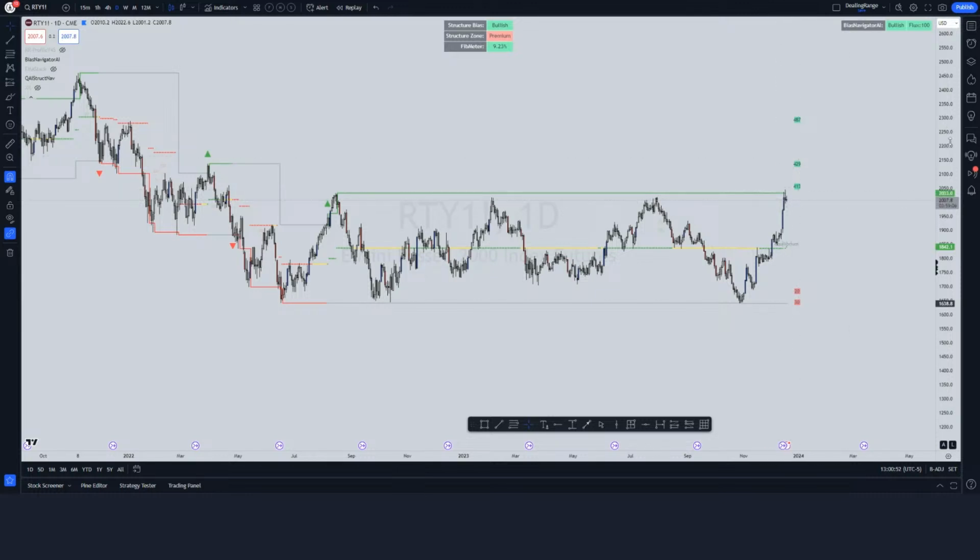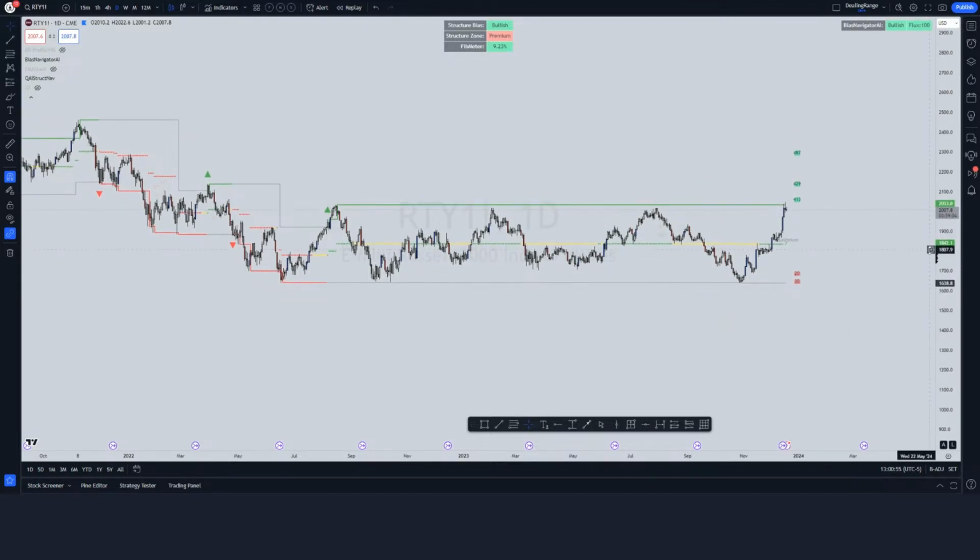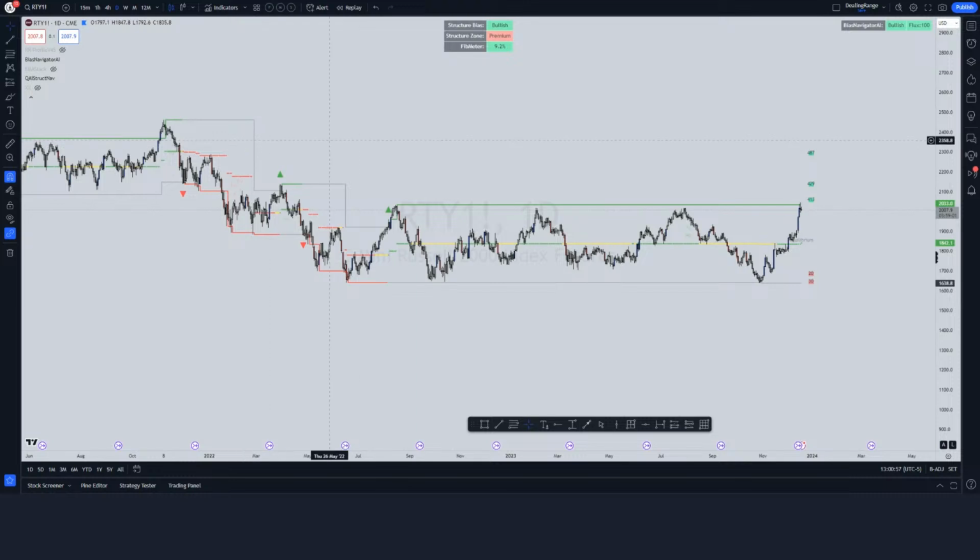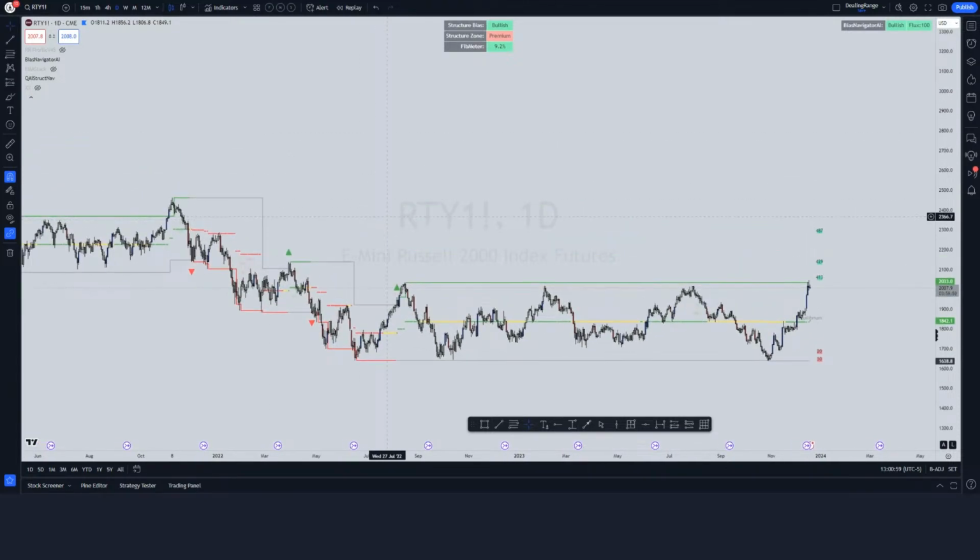This is going to break. I mean, this is going to be a pretty massive breakout, in my opinion. And we're going to probably want to look for this level, for example, the 2,500 level to be the next level of interest.